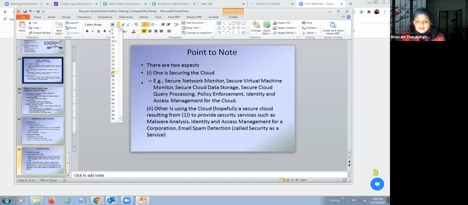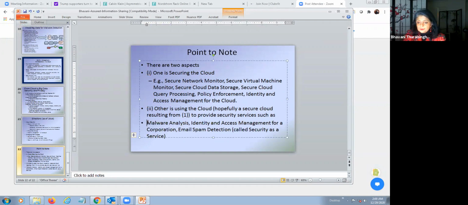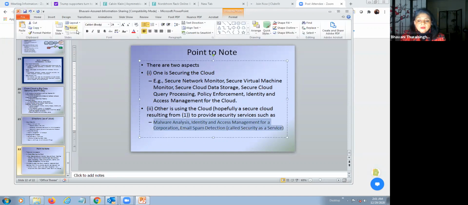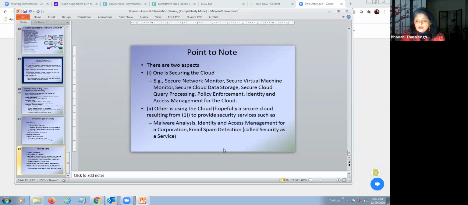So I just want to increase the size of this too. Okay. So the other, hopefully a secure cloud from one, to provide security services such as, and then I'm going to put a, just like that, malware. So it's all, okay, point to note, just say important point.